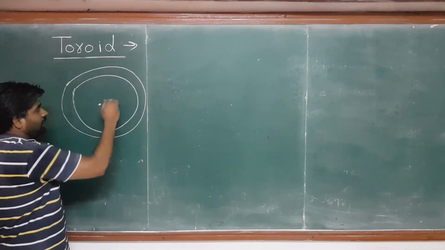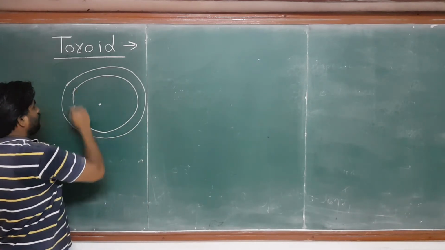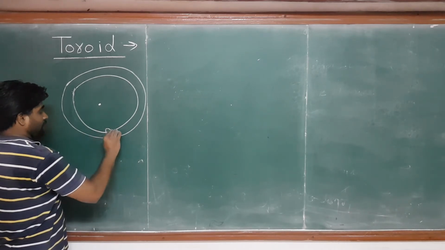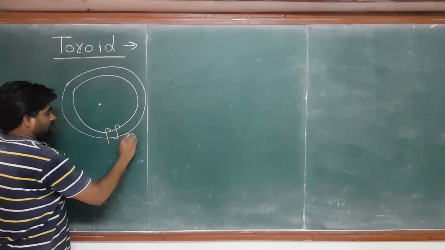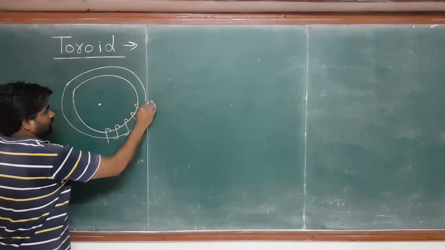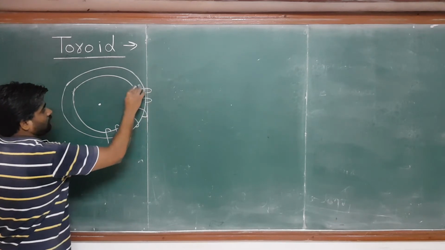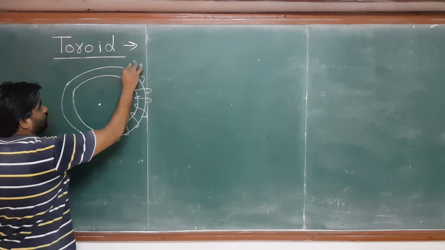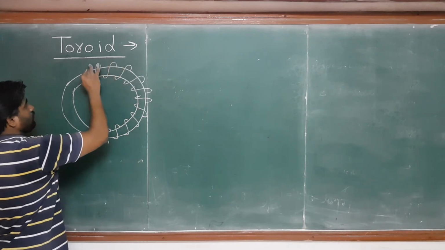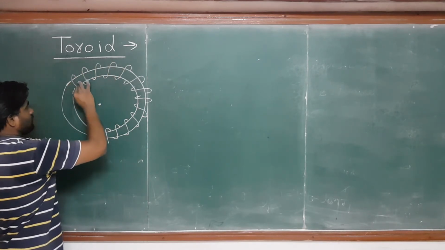And if I wrap the wire from this end, by rotating the wire in the helical form, wrapping the wire on the core, it comes like this.